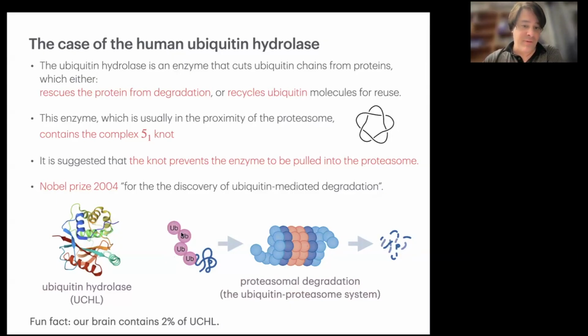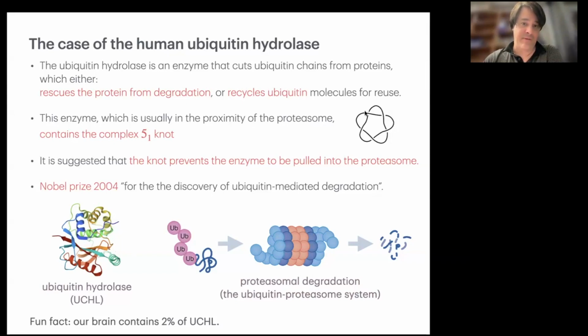And often it happens that some proteins are marked for degradation, although they shouldn't be. And this ubiquitin hydrolase rescues such proteins from degradation, which means that this protein is often found in the proximity of the proteasome.